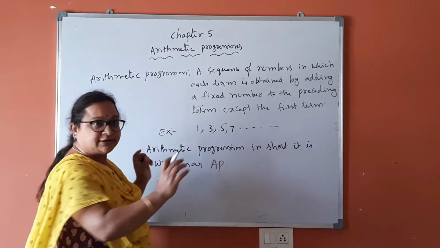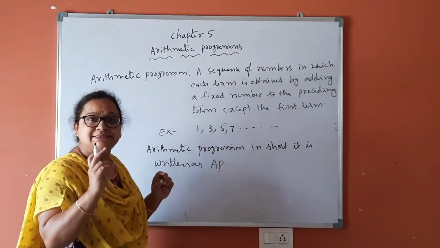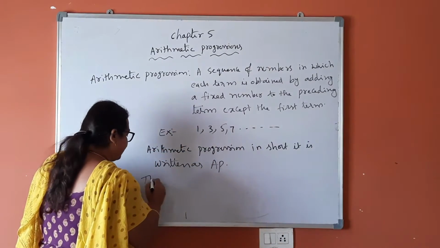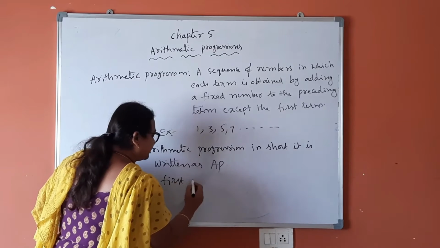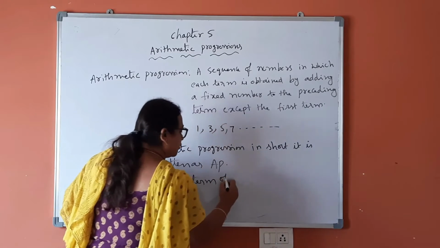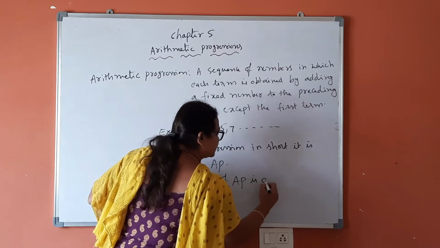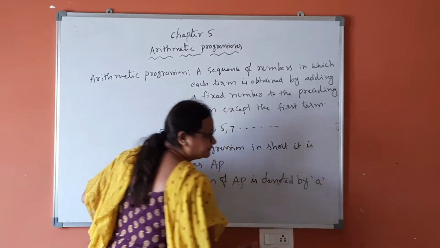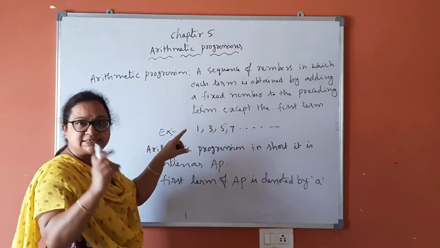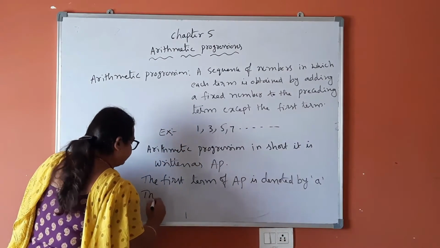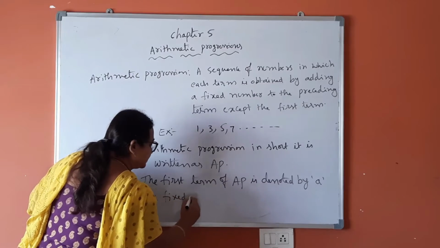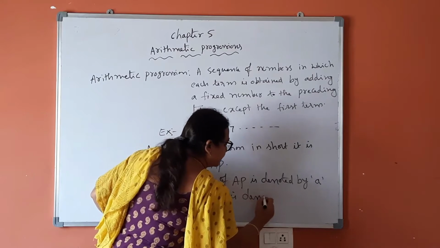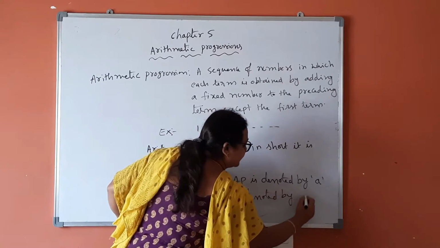Here in this sequence, the first term of AP is denoted by a. And the fixed number is denoted by d.